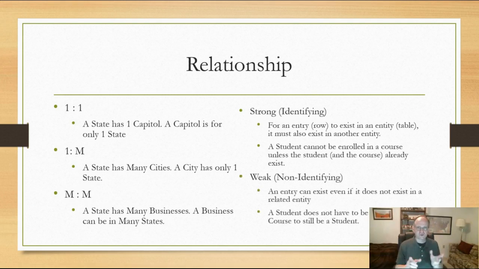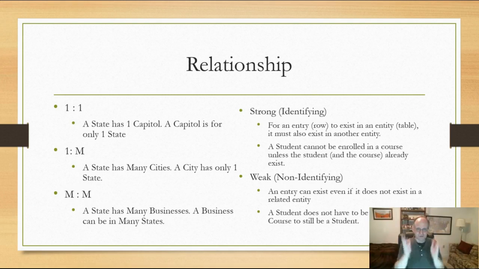A weak relationship says an entry can exist even if it is not in another related entity. Going back to our student roster example, I can have a student exist even though there are no roster items for that student. I mean, the student exists independent of the roster.